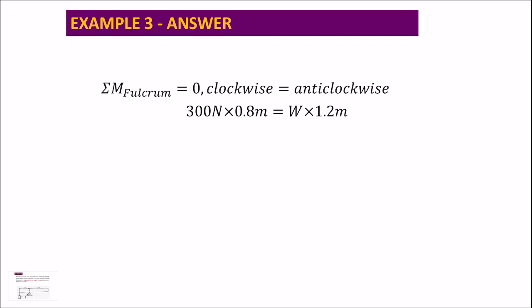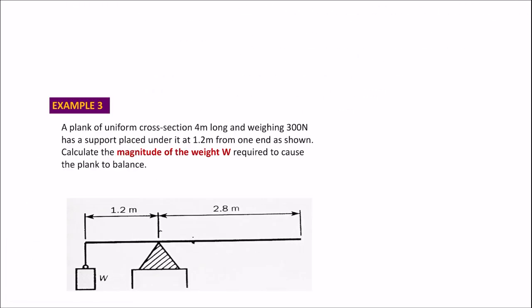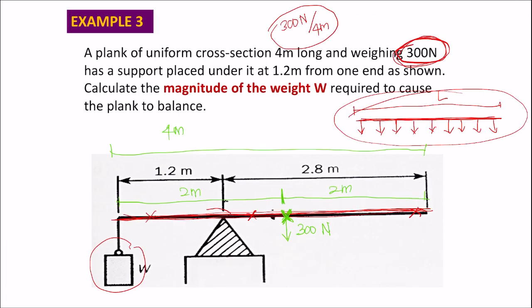Alright, what does this mean? First, kita akan identify clockwise dulu. So clockwise, okay. Tengok dekat sini, we don't see any other force except this 300. Kalau you tengok dalam gambar ni, dia betul-betul kat tengah-tengah plank ni, meaning 2 meter from the left and 2 meter from the right.